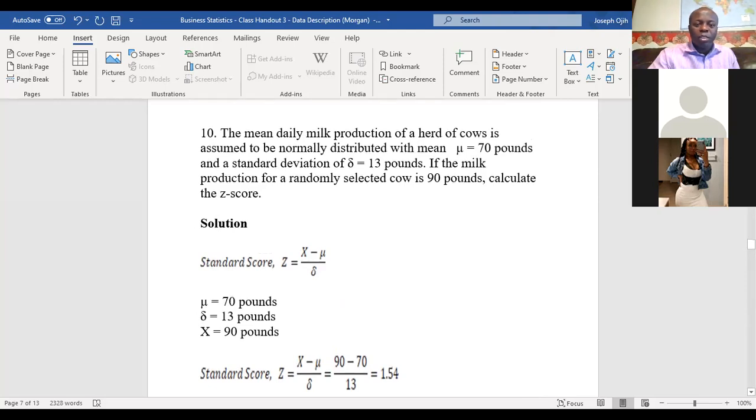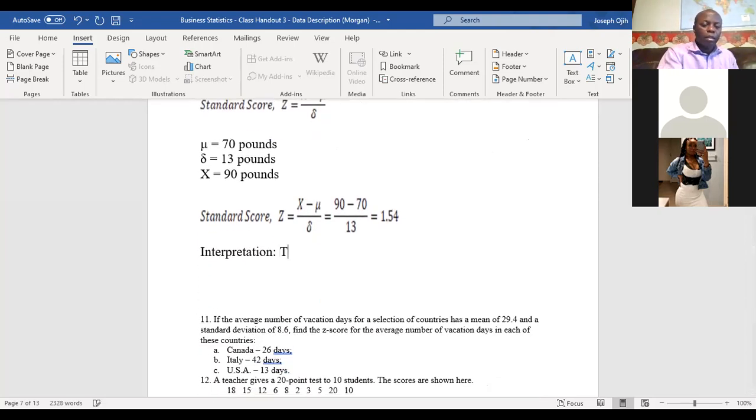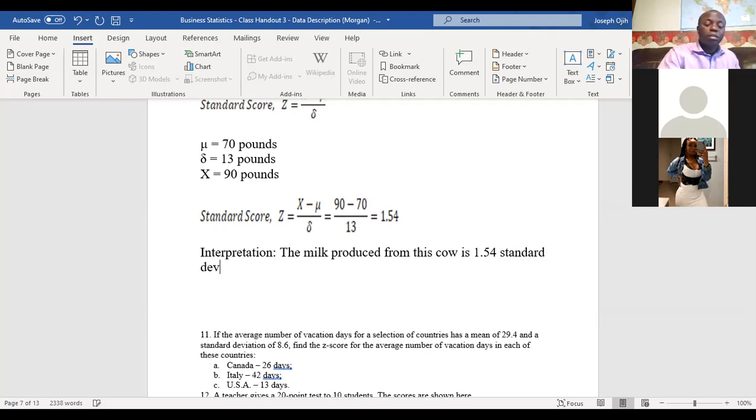This means that the milk produced from this cow is 1.54 standard deviations above the mean milk production of the herd of cows.